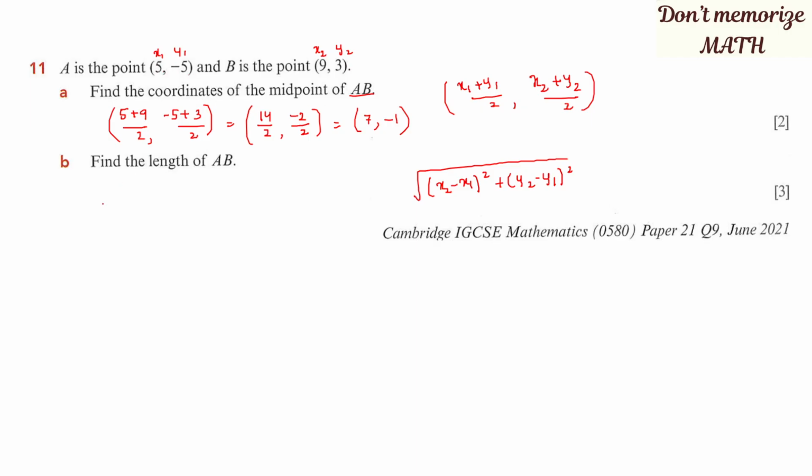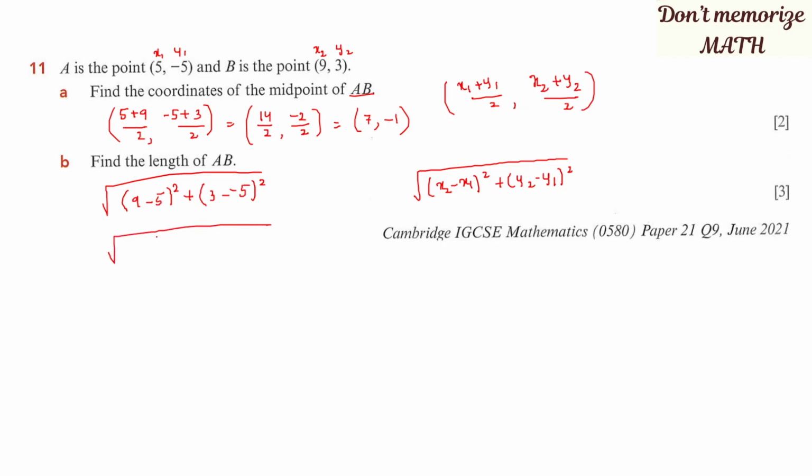So square root of x2, which is 9, minus x1, which is 5, whole square, plus y2, which is 3, minus y1, which is minus 5, whole square. Sometimes you will see y2 minus y1 whole square plus x2 minus x1 whole square. The answer will be the same, no change.